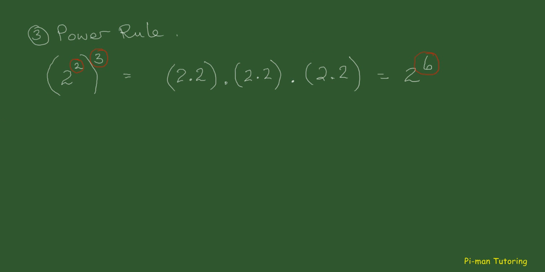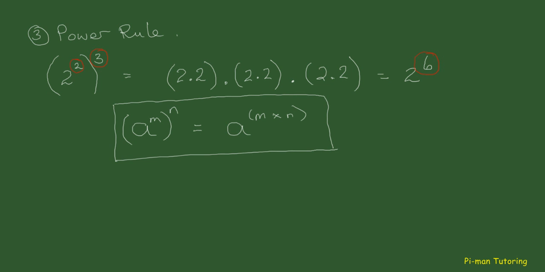And this is our power rule for exponents, so we can write this as a to the m, raised to the power of n, is simply equal to a to the power of m times n. Okay, next rule.